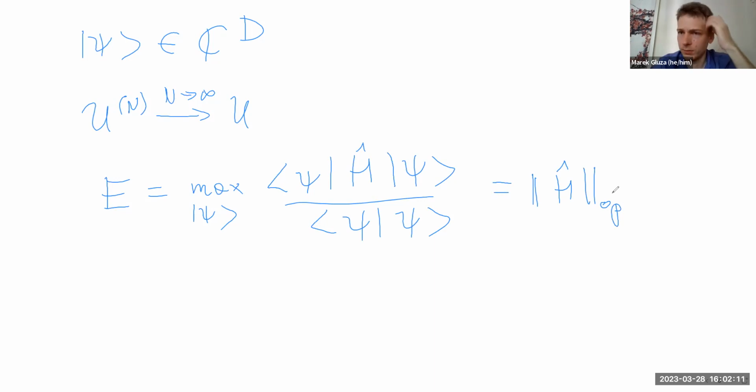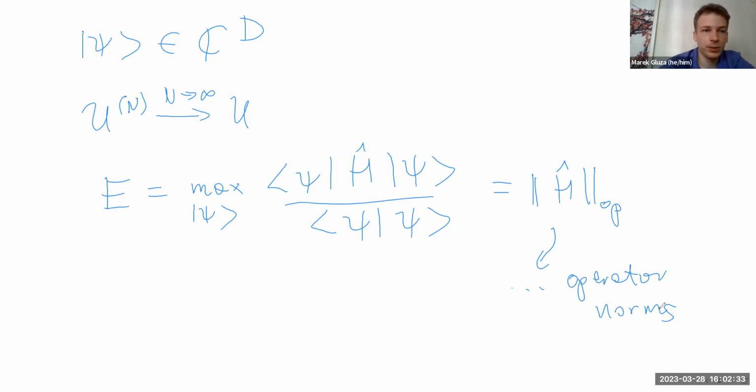So it has some sort of physical definition. And if we apply this to other operators, we have a definition of operator norms. So this is the kind of canonical operator norm.